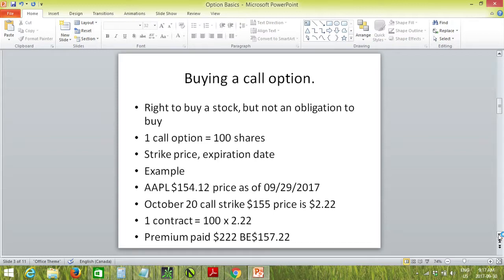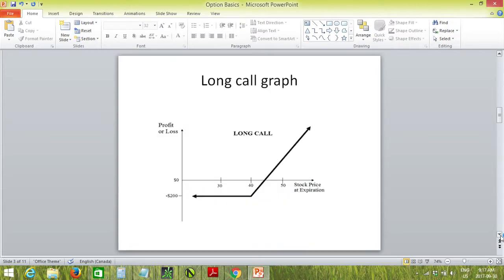Let me give you sort of a visual. Now, this isn't specific to the example, but this is a long call chart. So say you had a strike price of 40, and maybe you think it's going to go to $43. You bet $200. That's your premium paid.